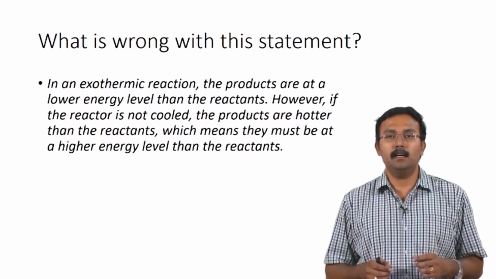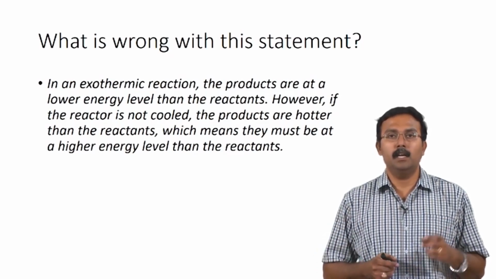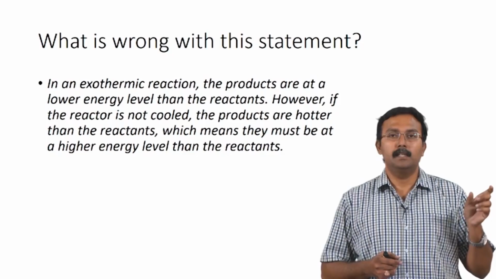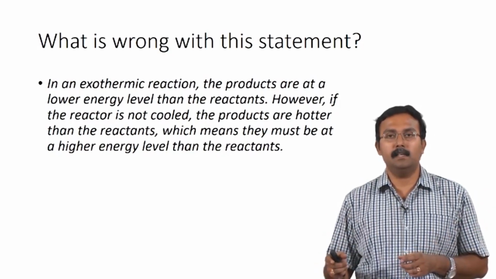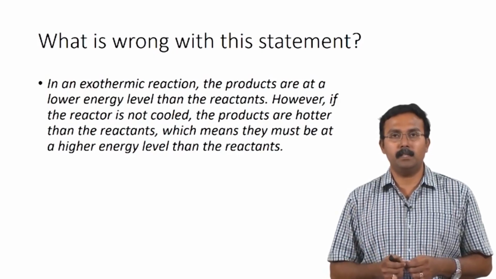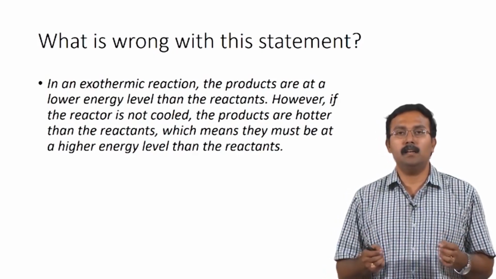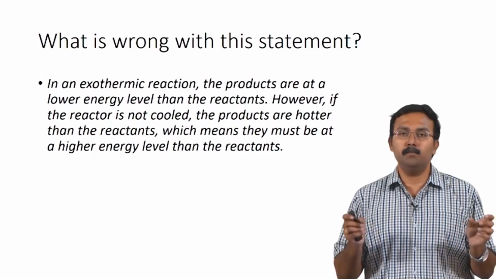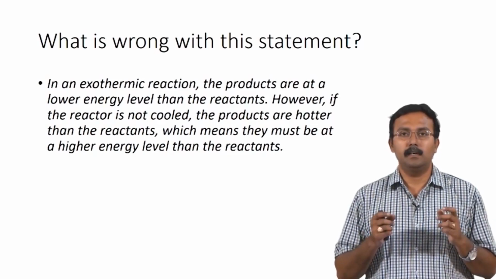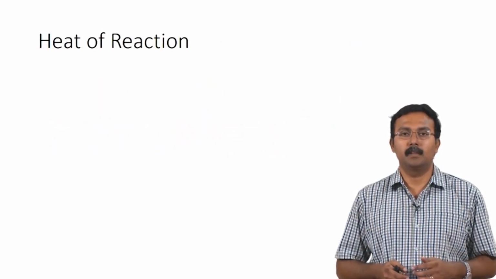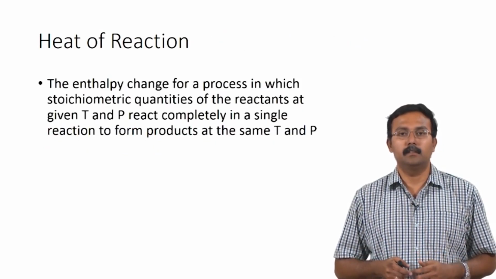Similarly, here for understanding the heat of reaction, we have to assume that the products are formed from the reactants at a constant temperature and pressure, and the change in enthalpy just because of this process happening is the heat of reaction. What is the heat of reaction?